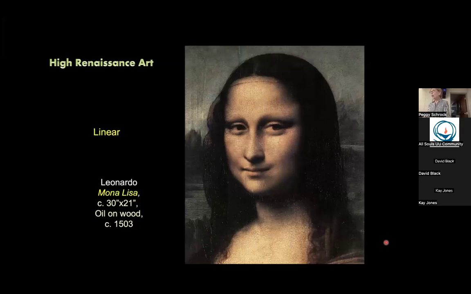One thing you may notice is she doesn't have any eyebrows. Now, this is important. This is very common in the Renaissance. Foreheads were considered very beautiful. So women would shave their hair way back to enlarge their foreheads, and they would shave their eyebrows, again, to exaggerate the foreheads and make them really big.